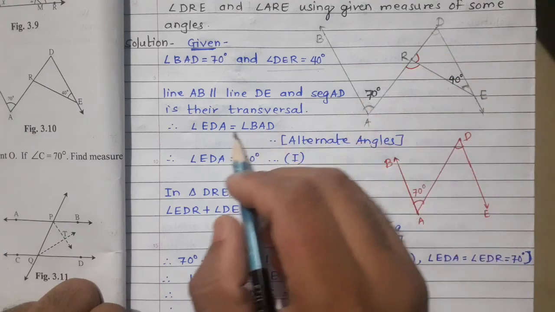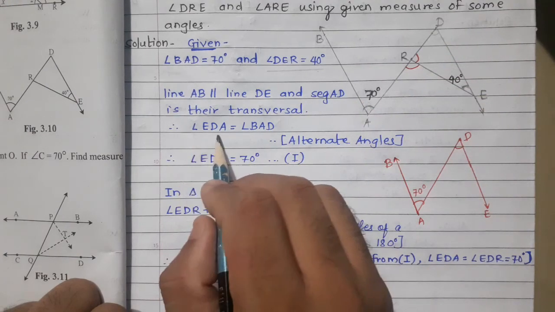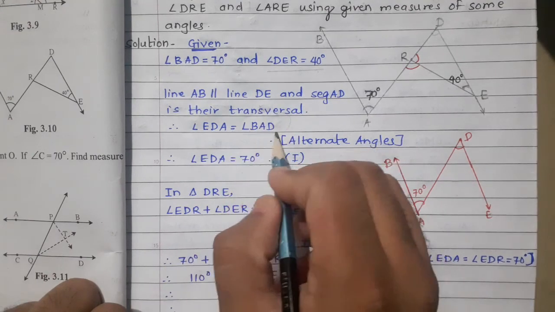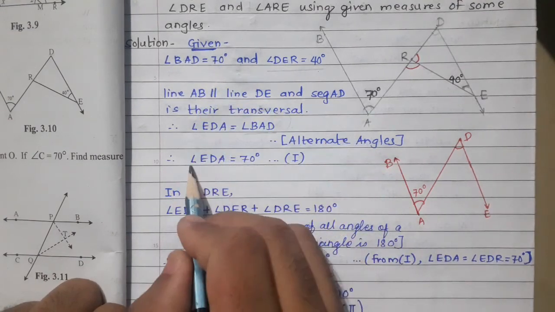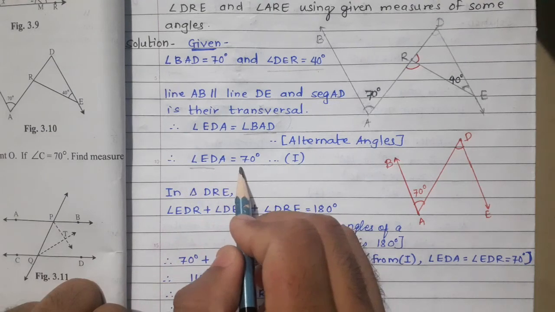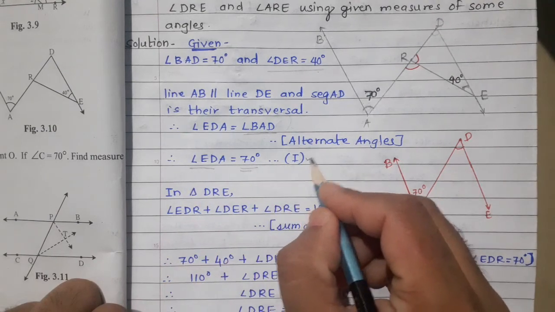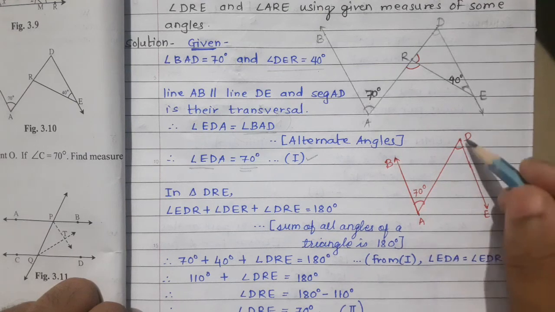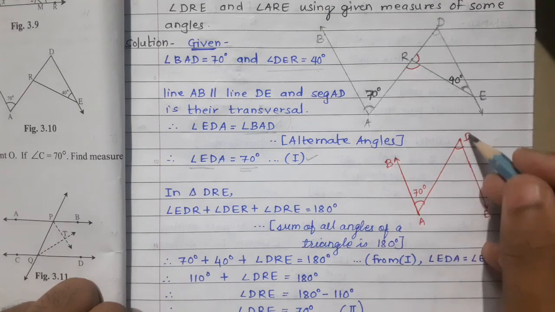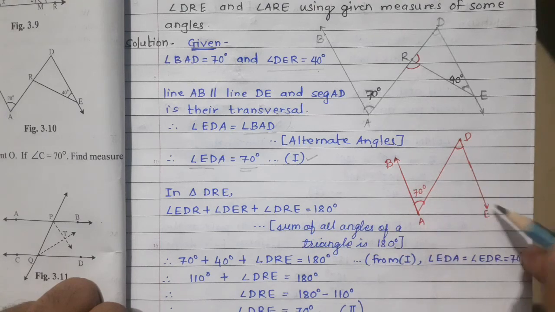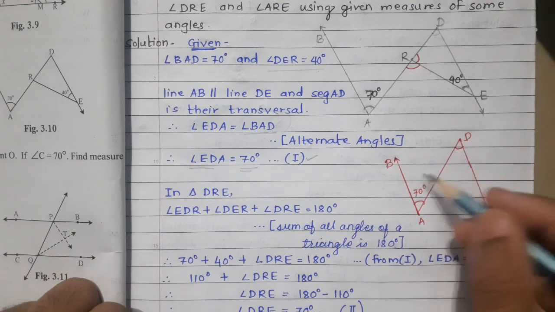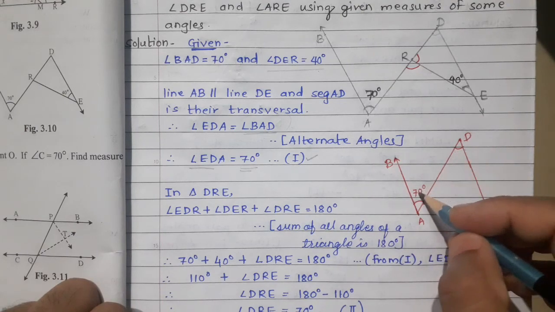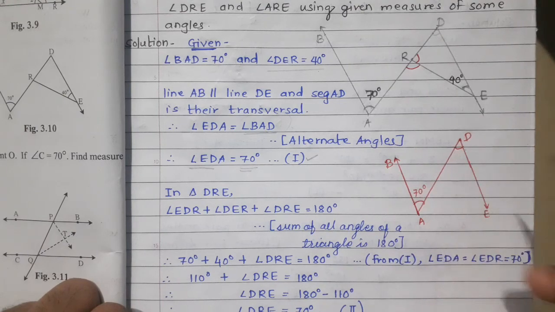Then we can write angle EDA is equal to angle BAD, and the measure of angle BAD is 70 degrees. So angle EDA is also 70 degrees. Give it as equation number 1. Angle EDA and angle BAD are alternate angles and these alternate angles are equal.